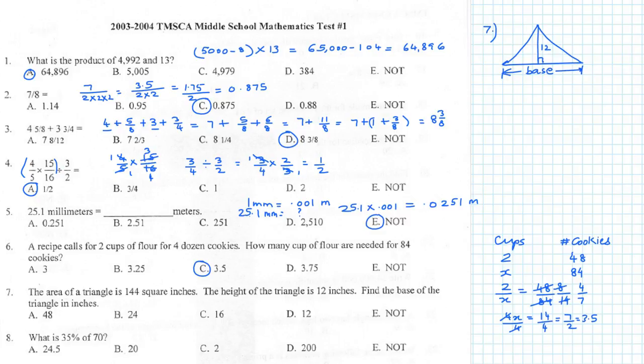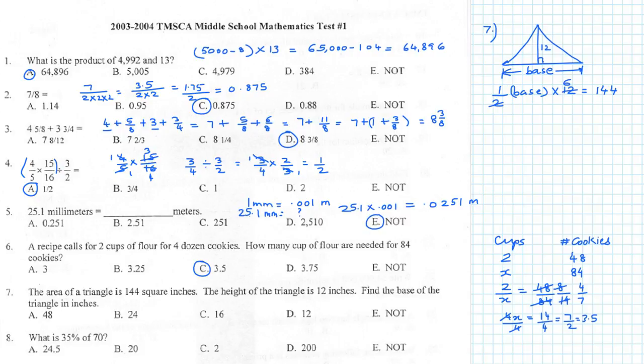So we know that the area of the triangle is half base times the height, and in this case the height is 12 and the area is 144, and we have to find what's the length of the base. So 12 divided by 2 is 6.